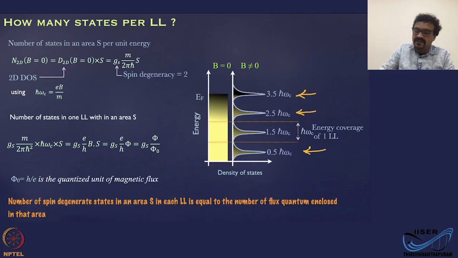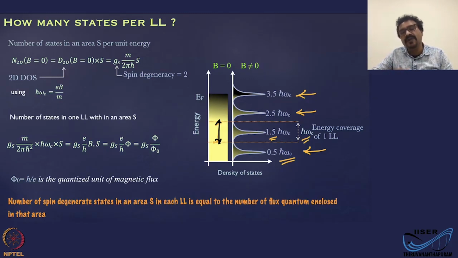So starting with 1 by 2 h bar omega, then 3 by 2, 5 by 2, and so on. And you can see that the energy coverage for each of these Landau levels is h bar omega c.